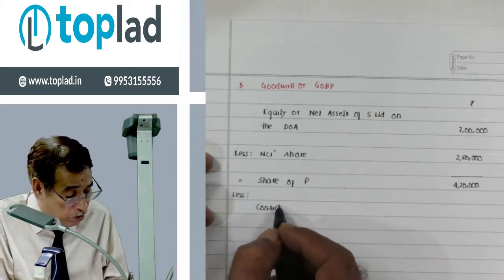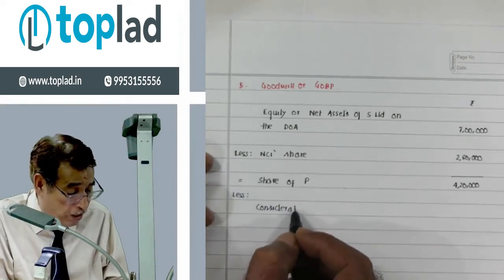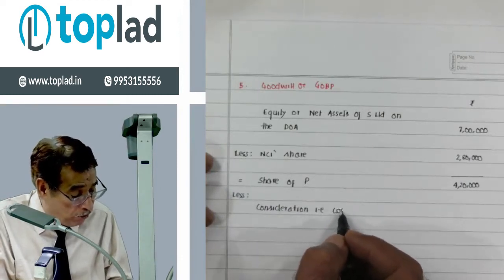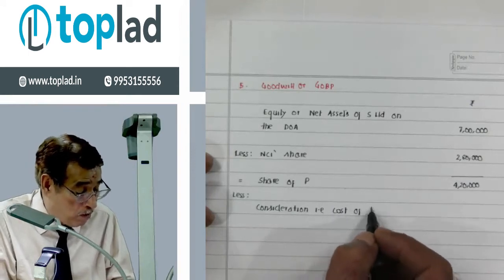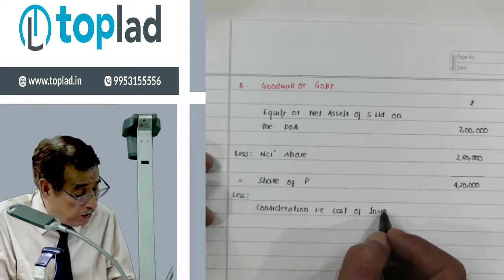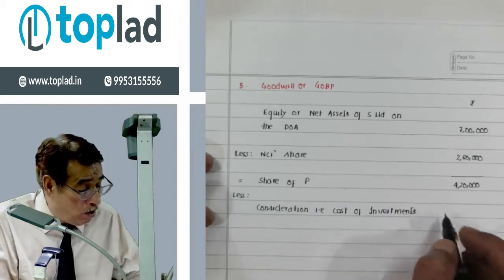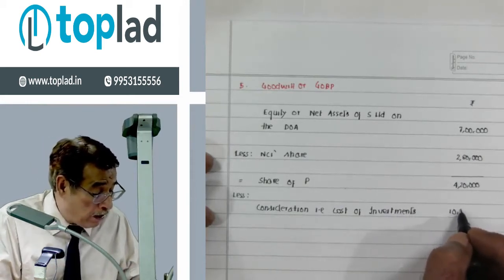Consideration means your cost of investment, the amount which you pay to acquire the control. Consideration, that is cost of investments. Your cost of investment is 10 lakh.